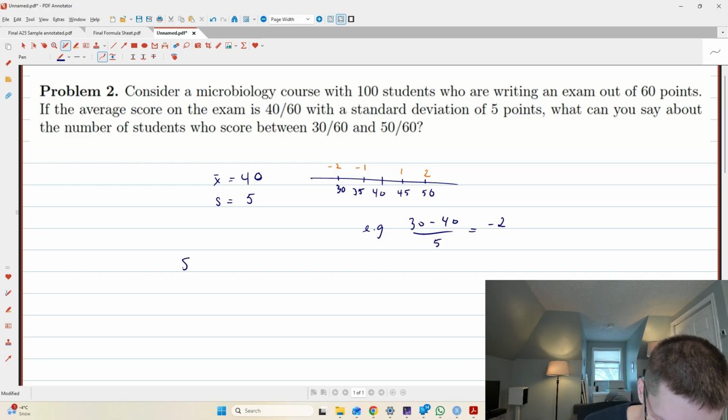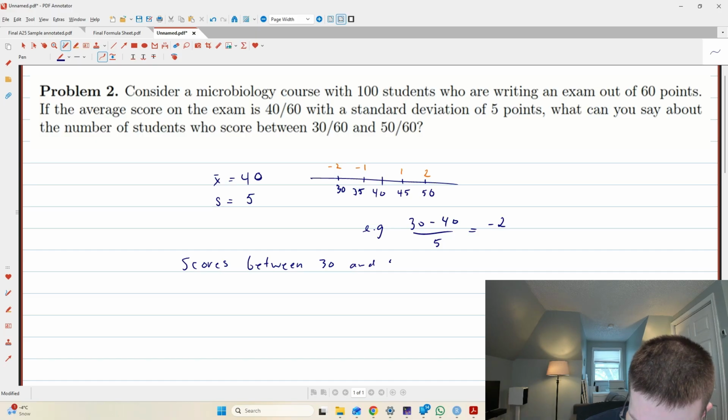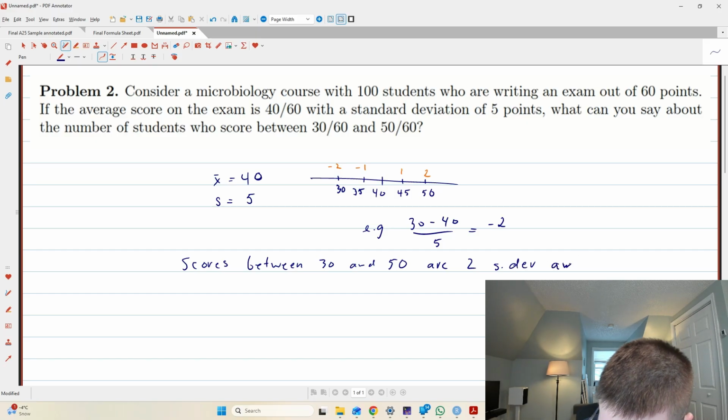So scores between 30 and 50 are 2 standard deviations away from the mean.